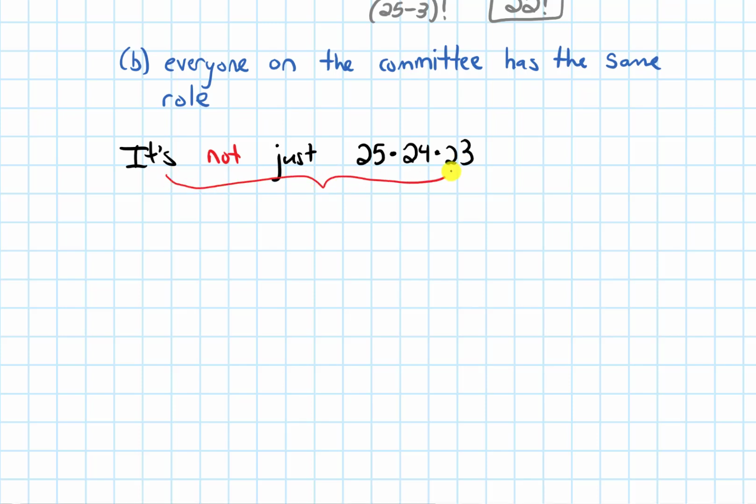So why is this? Why is it not just the same thing as what we had before if the roles are all the same? Well, to answer this question, let's say that A, B, and C, let's just say that these are the names of people, are chosen. I'm just going to label these people as A, B, and C.